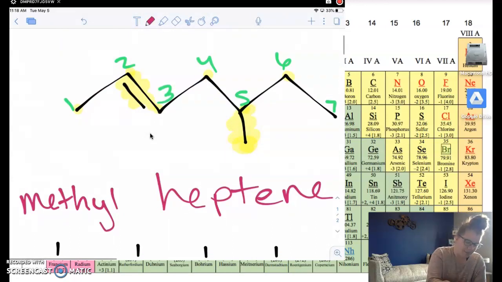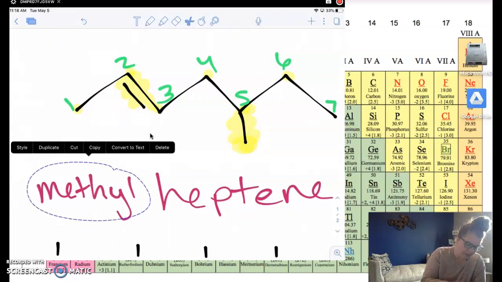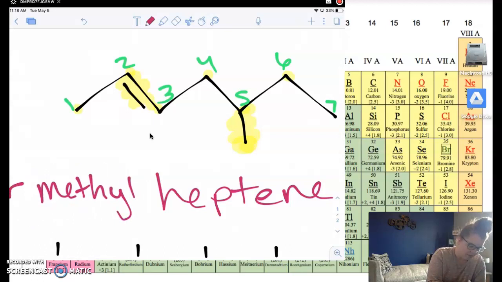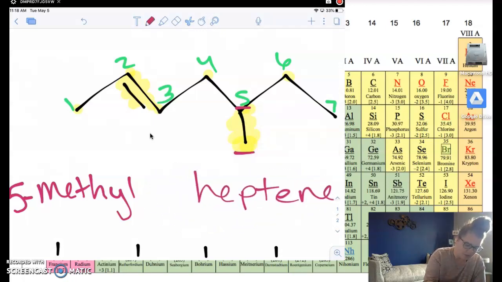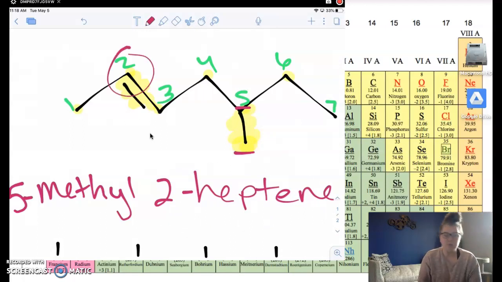So I'm going to put the 5 in front of the methyl because the methyl branch is on the number 5. And then I'm going to put the 2 in front of the heptene because the double bond was on the 2. So you always put the number by whatever it's talking about. The final name of this structure is going to be 5-methyl-2-heptene.